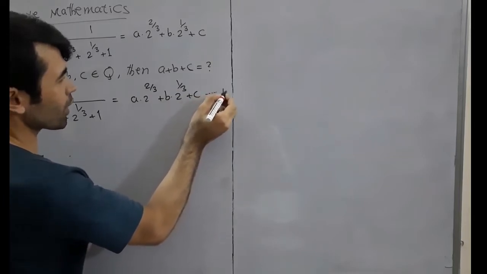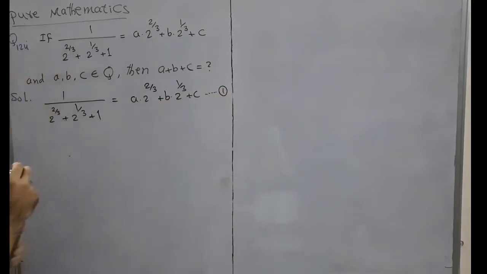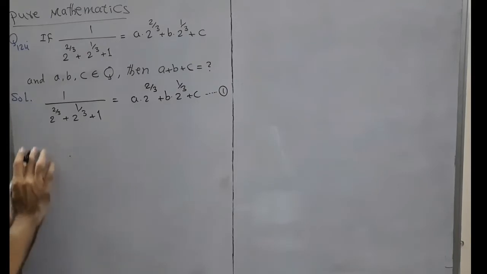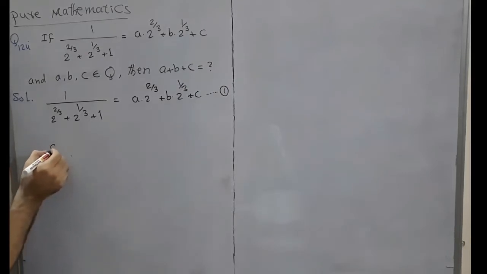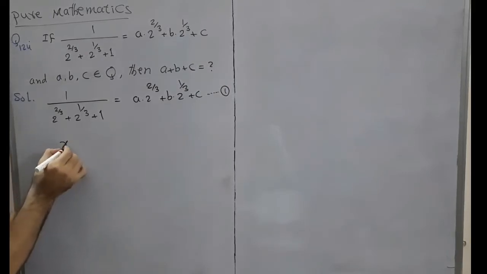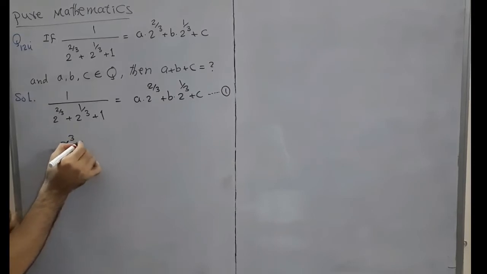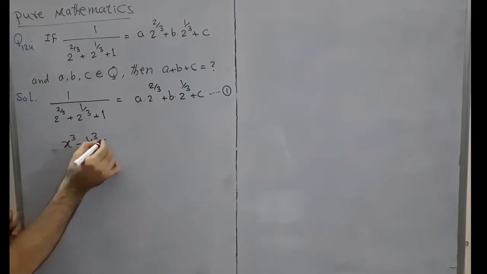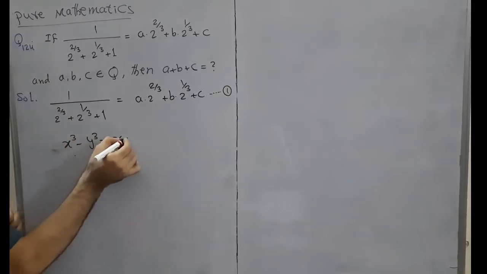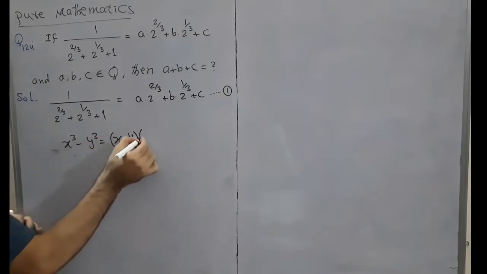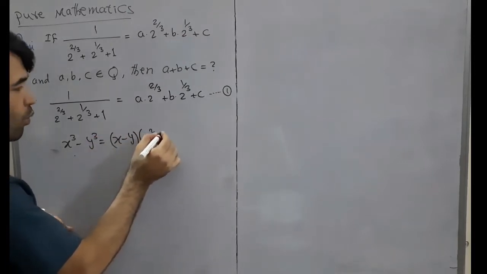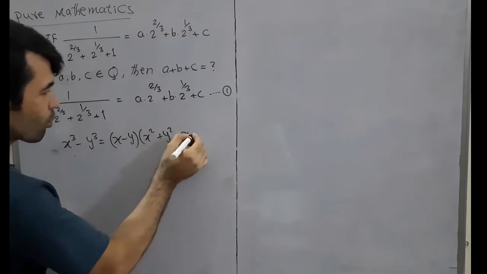We call this relation 1. Here, from identical algebra, we have x to the power 3 minus y to the power 3. It is a formula: it is equal to (x minus y) times (x square plus y square plus x times y).